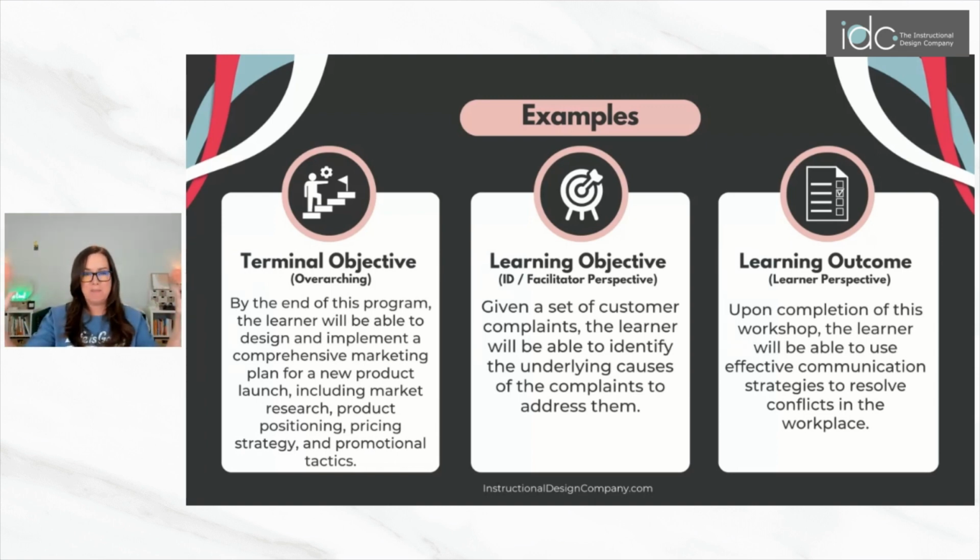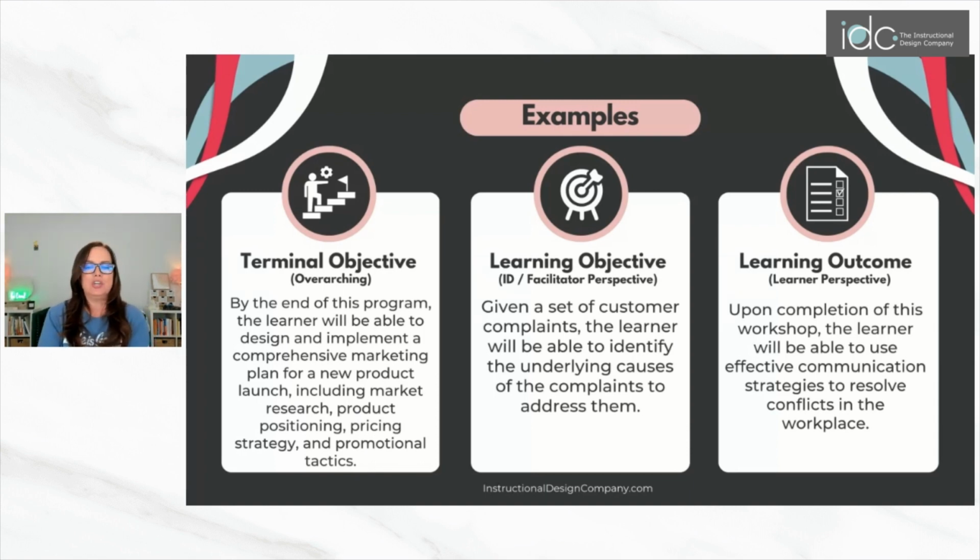That's a really big objective. In fact, you could take each of those pieces and turn them into separate learning objectives or learning outcomes for each of the different modules. So it's something that's really broad. It encompasses a lot, and then you could further niche it down within the program.